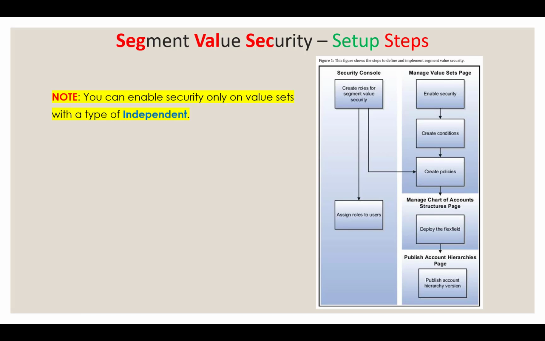Create your conditions, putting the values, operators, and conditions. Create a policy, which is just a name. Then deploy the flexfield and publish account hierarchy versions. If you use hierarchy or tree instead of specific values, you have to publish the account hierarchy version.